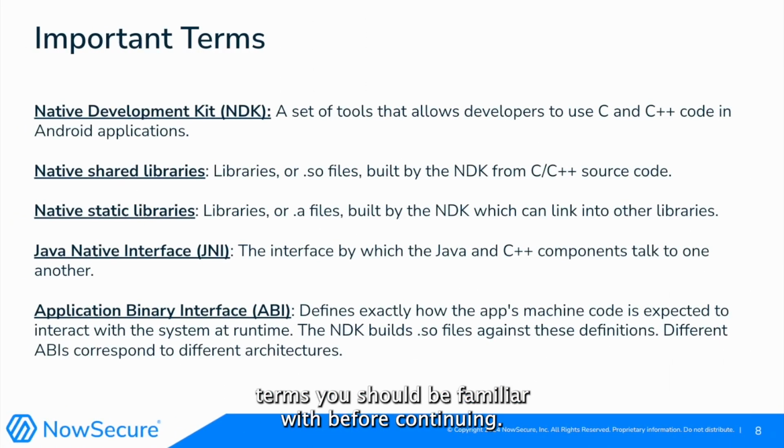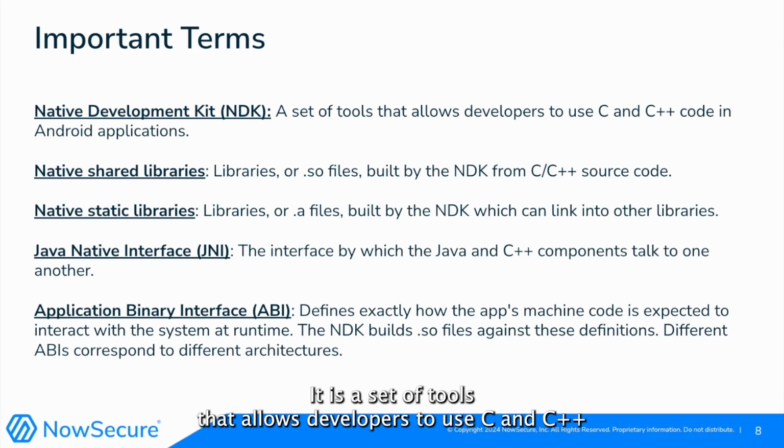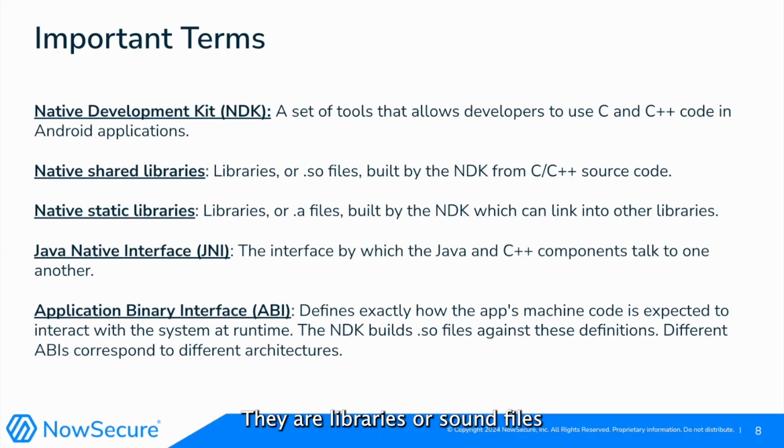There are several terms you should be familiar with before continuing. The first is the Native Development Kit, or NDK. It is a set of tools that allows developers to use C and C++ code in Android applications. Next is Native Shared Libraries, which is what we'll focus on in this module. They are libraries, or .so files, built by the NDK from C or C++ source code.